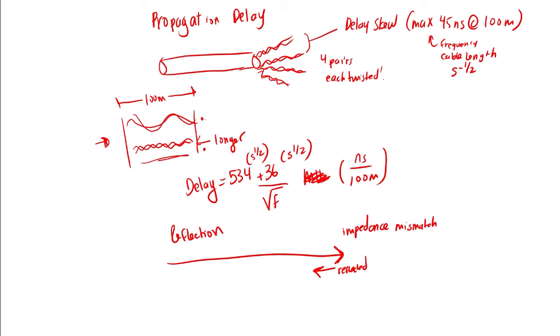And there's a reflection coefficient known as P, which is equal to ZT minus Z0 over ZT plus Z0, which we don't have to worry too much about.